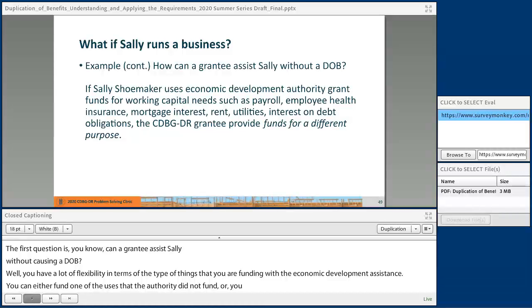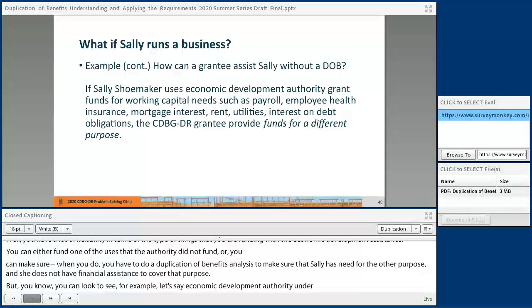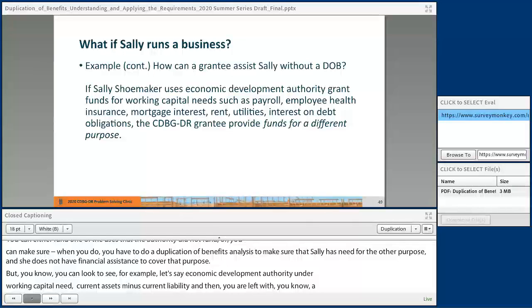For example, let's say the Economic Development Authority funded working capital needs: current assets minus current liabilities, and the difference is how you calculate the amount of assistance to cover day-to-day expenses over a 12-month period, like payroll, health insurance, mortgage, rent, and utilities.